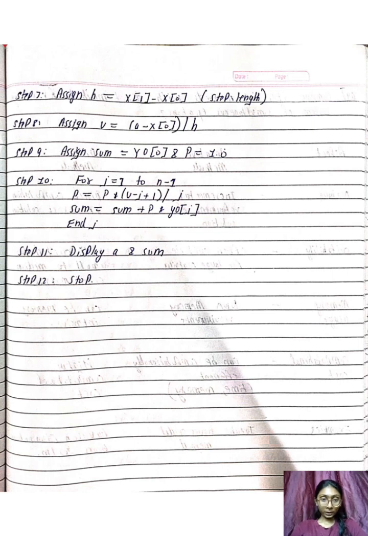And in this step 10, for j equals 1 to n minus 1, p equals p into u minus j plus 1 divided by j. Sum equals sum plus p into delta to the j of y of 0, end of j. In this step 11, display the sum. And in this step 12, stop this algorithm.